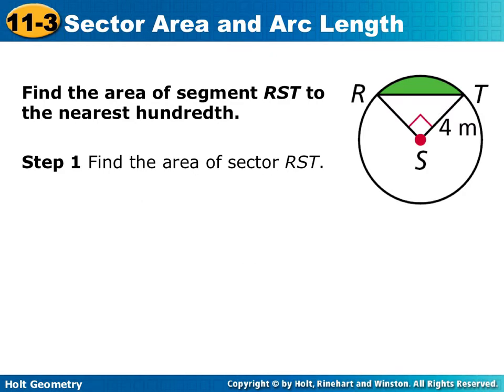All right, let's find the area of the segment to the nearest hundredth. Now, area of the segment, it's talking about the segment of the circle. So let's find the area of that sector to start with.